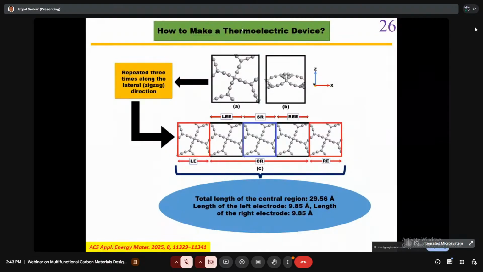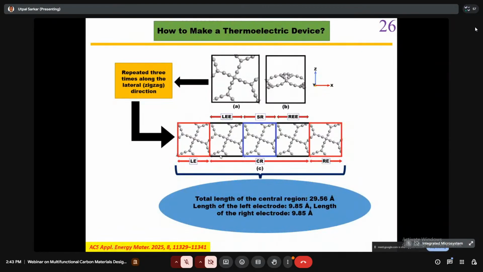Now this is the main part of the calculations. I have to make a thermoelectric device. This is the unit cell of it, and we have to repeat it along the Z direction, and let's say here the X direction. This is the left electrode, this is the right electrode, and in between is the central region.